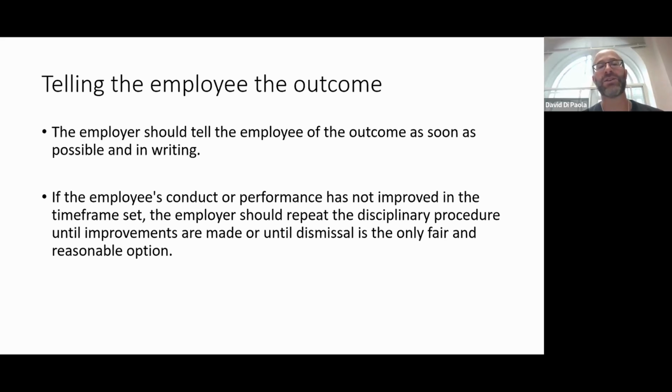A disciplinary decision should always have some follow-up in writing. If the employee's conduct or performance has not improved in the time frame set, you can repeat the disciplinary procedure as well. Never very desirable, but obviously an option open to you.